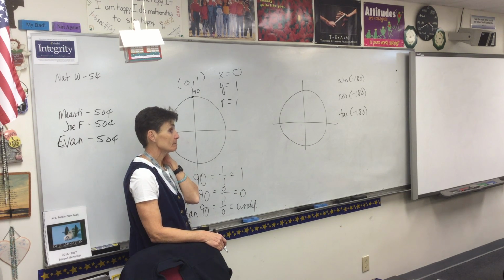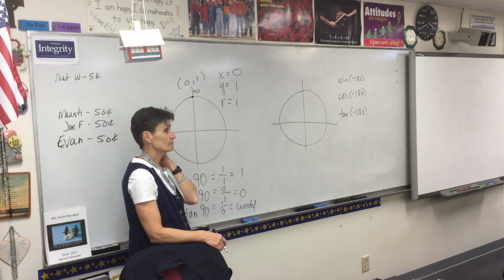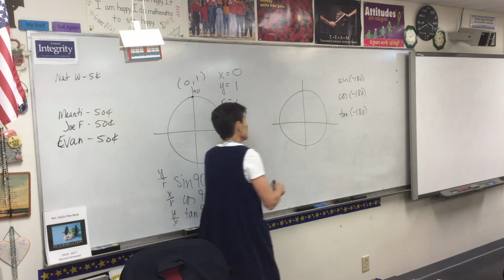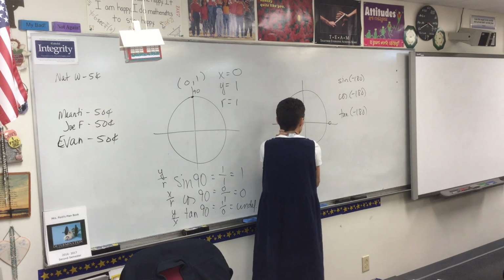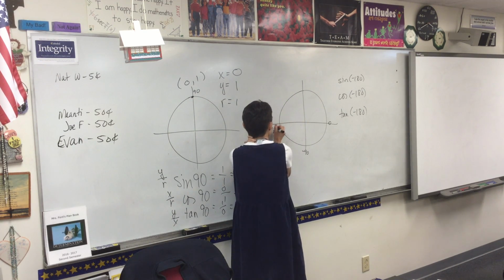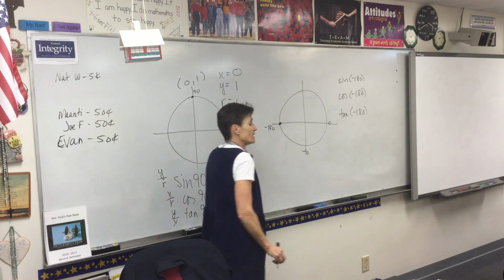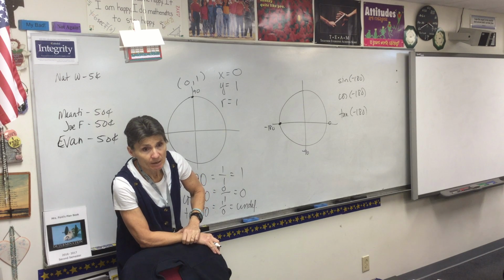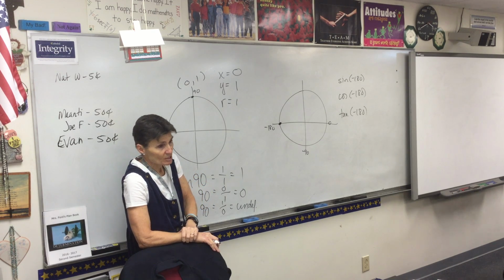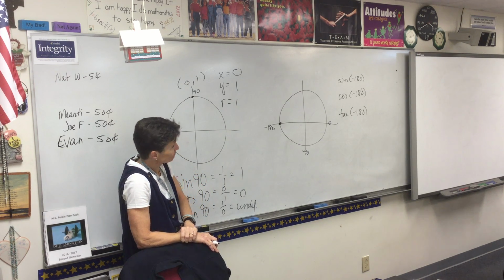Any other ideas? Zion says right side? Remember, negative means we go this way, right? So this is 0, this is negative 90, right here is negative 180. In fact, negative 180 is in the same place as positive 180, because 180 is halfway around.